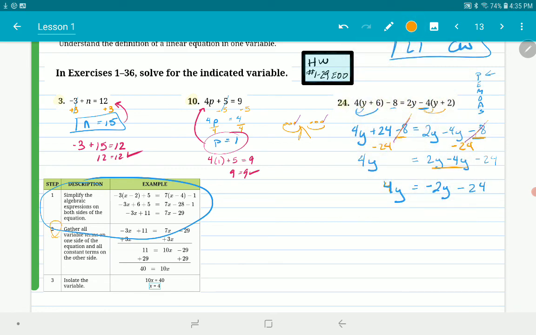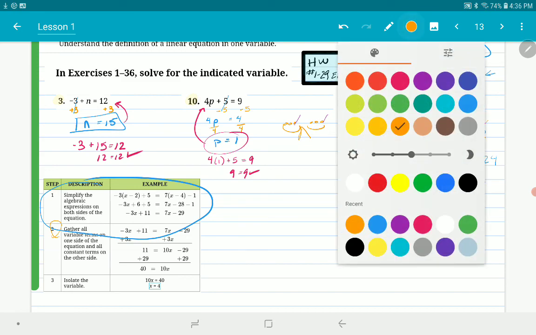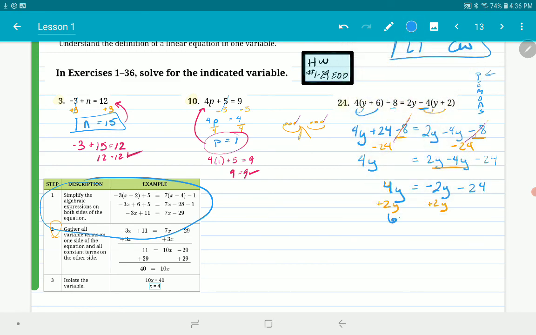So this is step 2 now. So adding the 2y to both sides, I get 6y on the left, and these will cancel, and I get a negative 24 on the right. Now to get the variable isolated, so this is step 3, I want to divide both sides by 6.